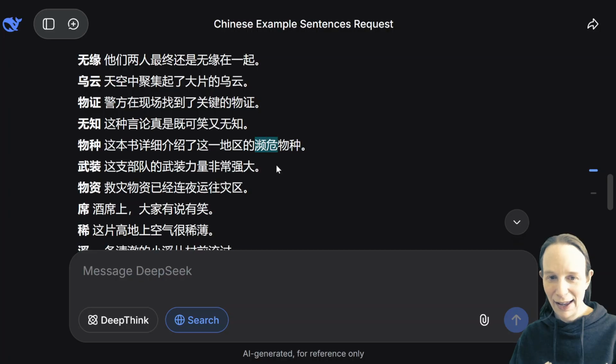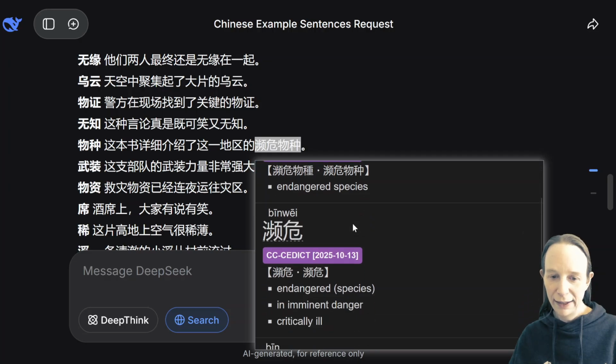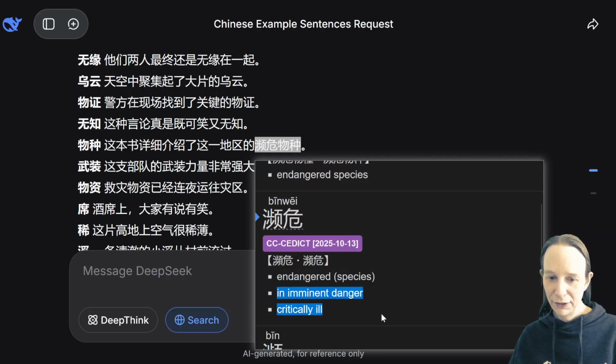So 濒危 would be 濒临危机, I guess. If I look that up in the dictionary, it'll say on the verge of crisis. 濒危: endangered, in imminent danger, critically ill.